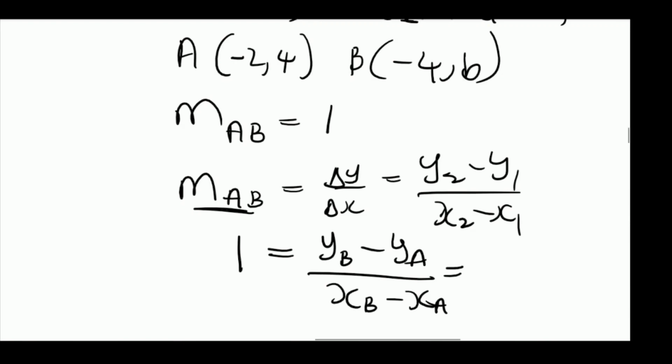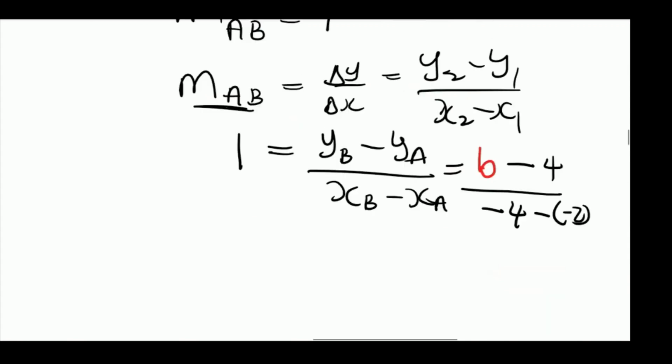The y of b is this one here, which is b, the one that we're looking for, right? And minus the y of a, which is 4, divided by x of b, which is minus 4, minus x of a, which is minus 2, so it's going to be minus 2, like that, right?